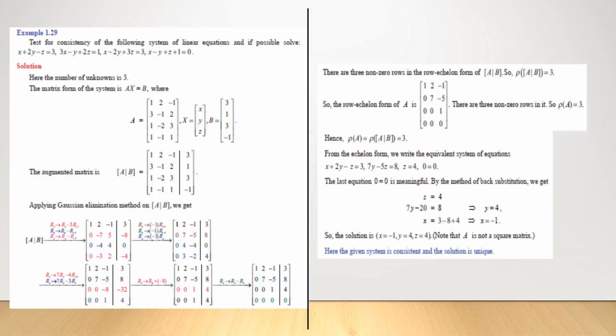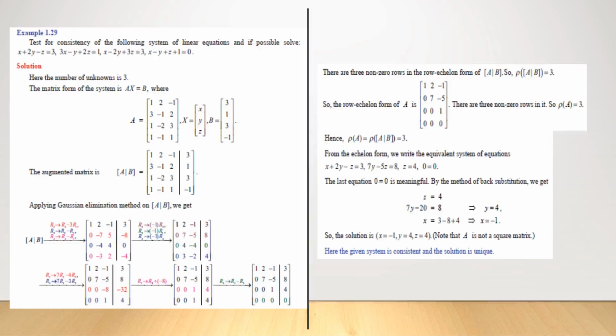Next, you have to change the third row second element and fourth row second element to 0 by using R2. Next, change the fourth row third element to 0 by using R3.